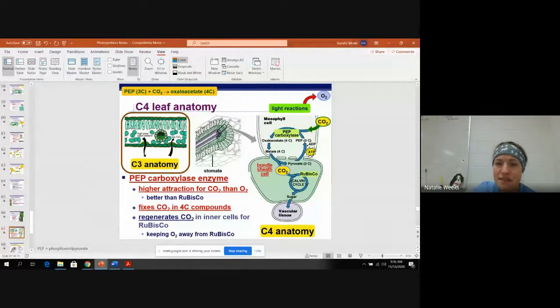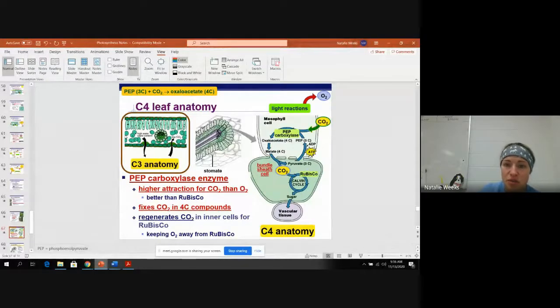And then it goes down into the bundle sheath in order to go through the Calvin cycle and make sugar. The reason why is because the PEP carboxylase enzyme has a much higher attraction for CO2 than oxygen, so it's a lot more efficient than Rubisco.